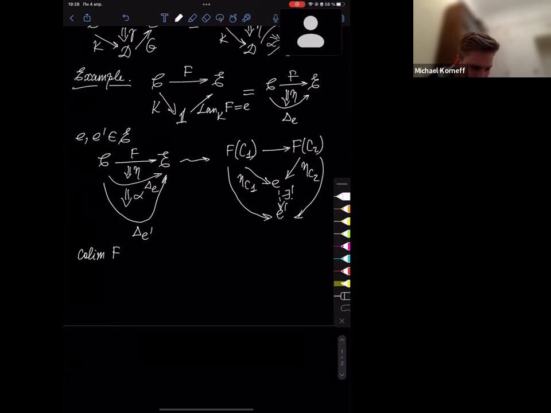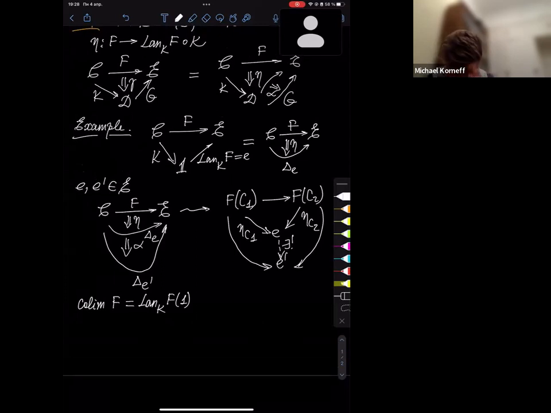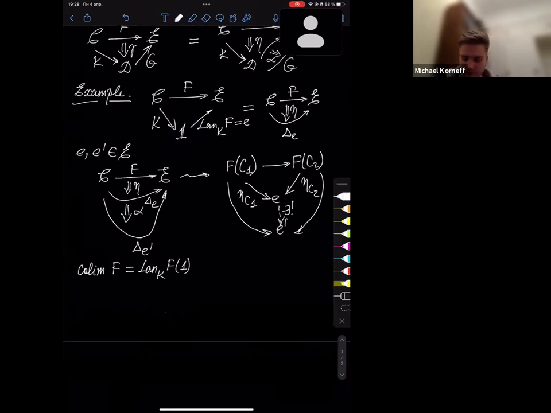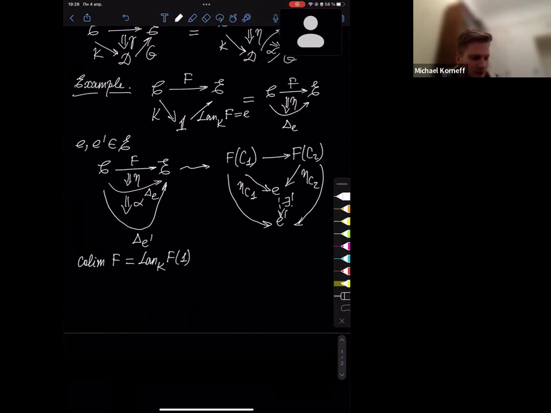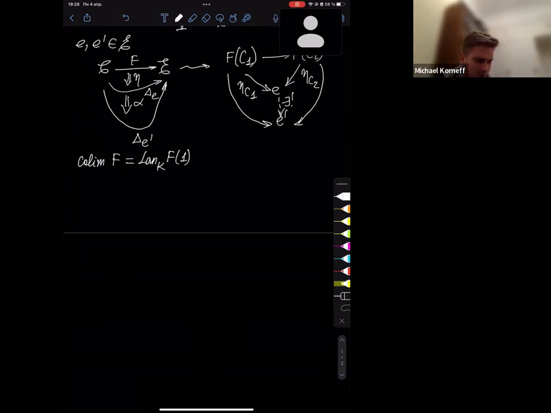Co-limit of functor F equals just left Kan extension of F along K, evaluated at object one in this category. Okay. And dually we can derive that limit is a right Kan extension.